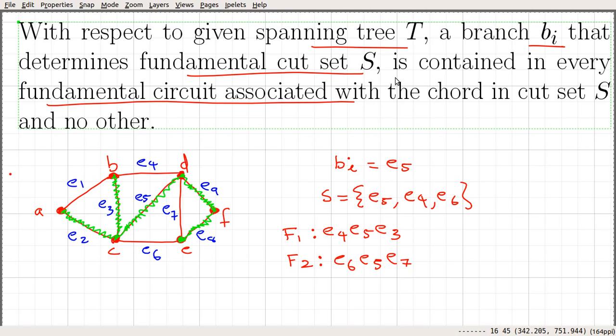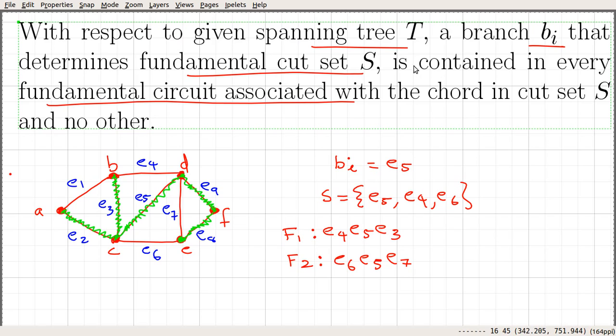The fundamental cut set S that is determined by this E5 will be E4, E5 and E6. So this will be the fundamental cut set determined by this branch edge E5.